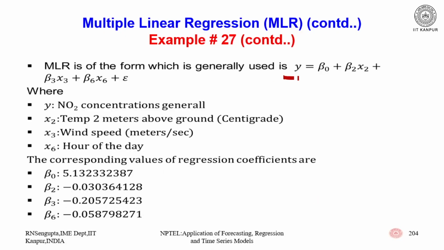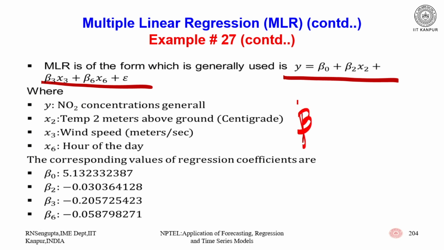But after finding out the best fit model which will give us the best multiple linear regression model, we find this is the MLR model we are going to take, where there are only 3 independent variables which are x2, x3, x6. What is x2, x3, x6? They are temperature 2 meters above the ground in centigrade, x3 is the wind speed and x6 is the hour of the day.